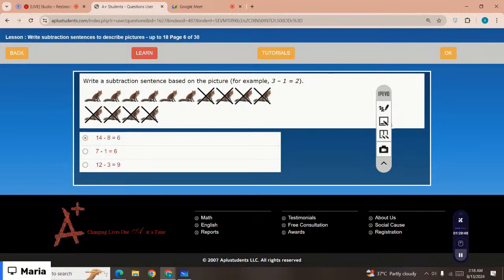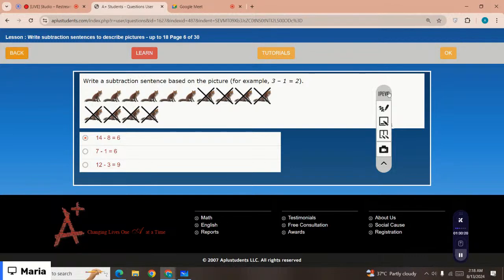You can count and check which is the correct option. The correct option is 14 take away 8 is 6.